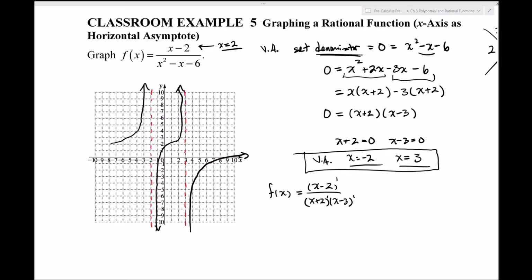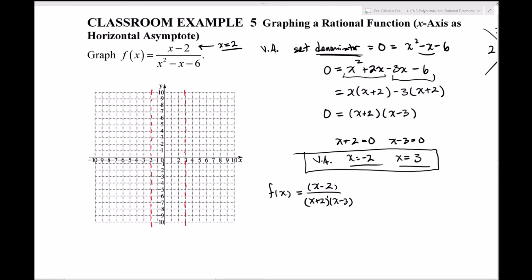One's going to be pointing up, one's going to be pointing down. Now if those were quadratic factors, or if they had an even power, not just power of 2, power of 4, power of 6, and so on, they would be pointing in the same direction, both up or both down. That's not the case in this situation because all of those are linear factors, odd degrees.